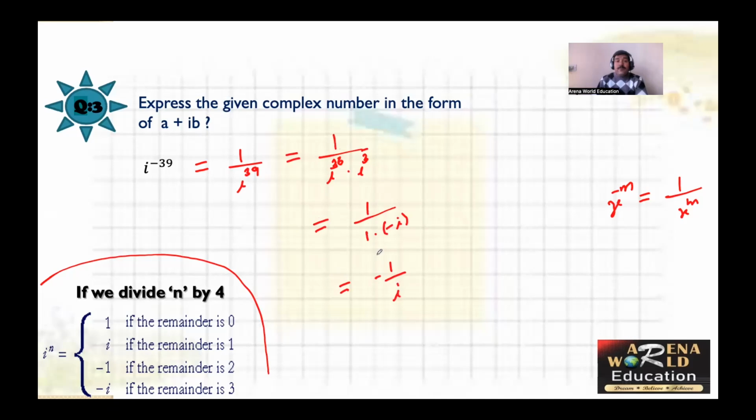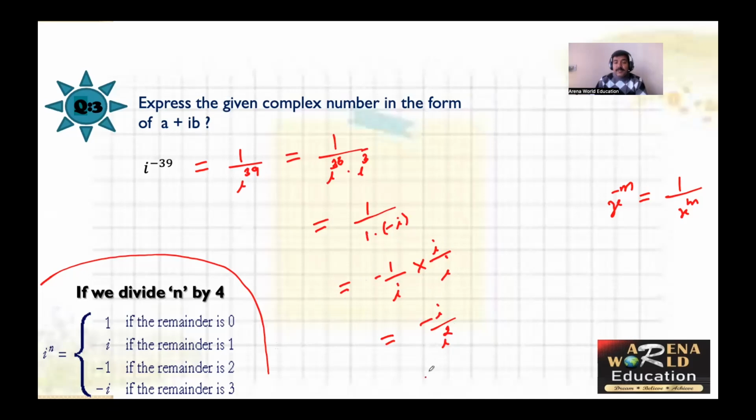But the standard form of a complex number is a plus iota b. So what we will do is rationalization, right? Here in the numerator we have minus 1 into iota, so that will be minus iota. In the denominator we have iota into iota, which is iota square. And iota square is minus 1.